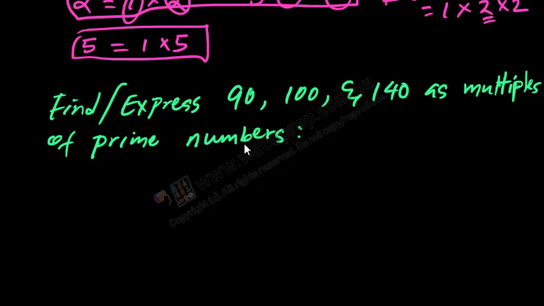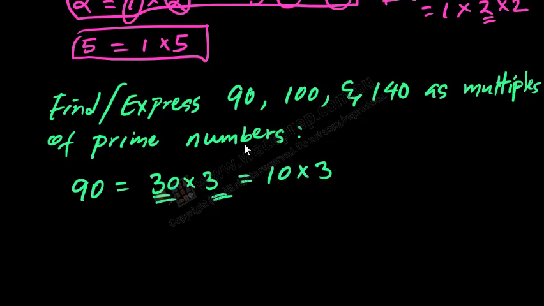Now in this case 90, if we would like to express 90 could be expressed as 30 times 3. Now 30 can be expressed as 10 times 3, and we can leave the other times 3 as it is.